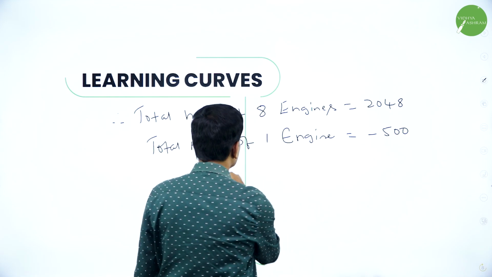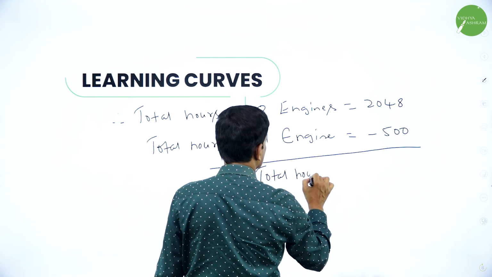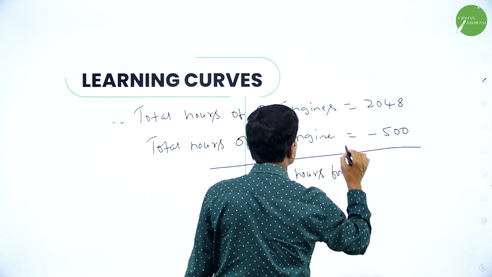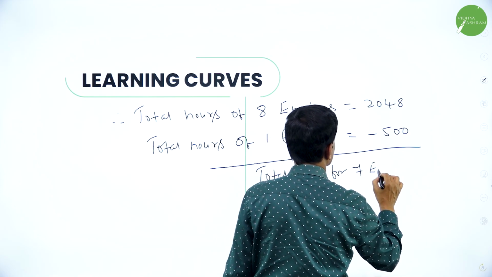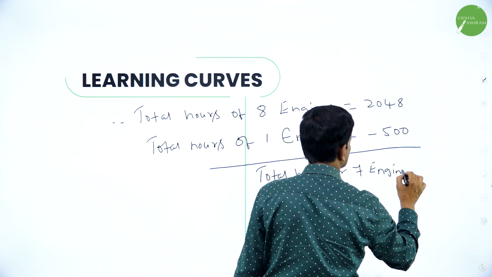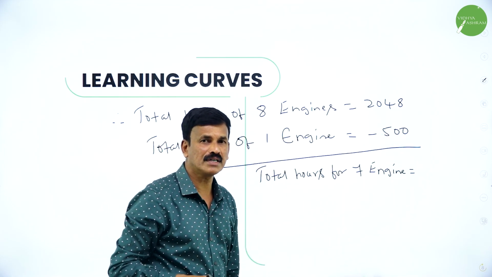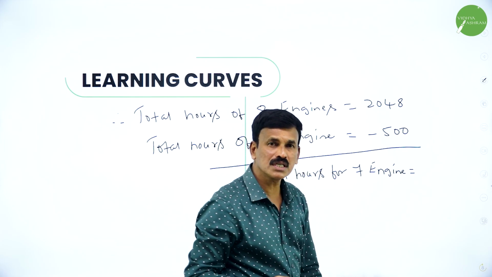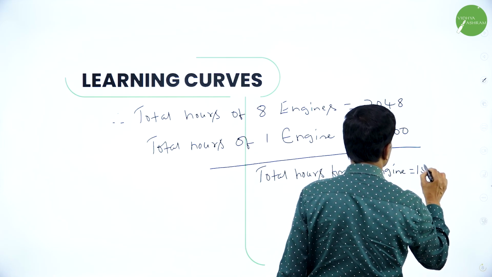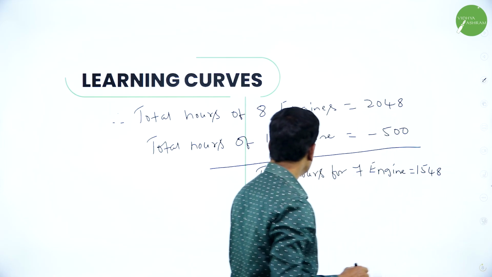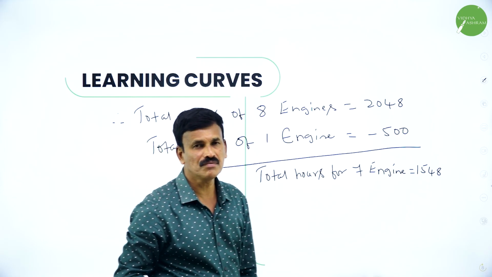So therefore the total hours for 8 minus 1, that is 7 engines, is equal to 2048 minus 500. That is nothing but 1548, right? That is 1548 hours. So the total hours for 7 engines is 1548.